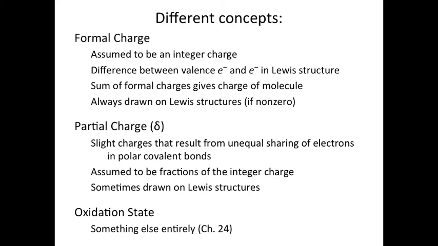So you can imagine the magnitude of a partial charge is less than an integer unit of charge. Granted, formal charge doesn't represent the charge of an electron. It's kind of a bookkeeping method. But generally, partial charges are kind of small, but still very important. And sometimes you'll draw them on the Lewis structures if you're asked, if you're trying to show that aspect of it. And then oxidation state, there's a connection to formal charge that you can make, but we haven't talked about that yet. That comes in the second semester of the course.